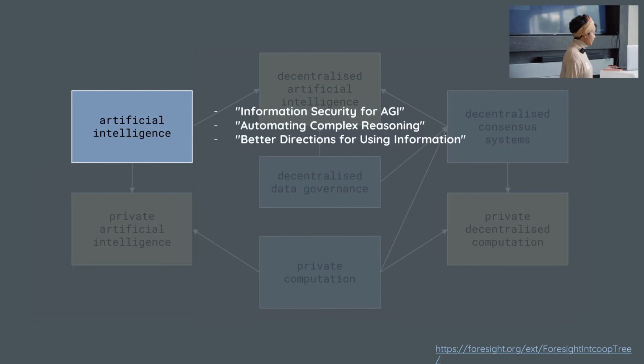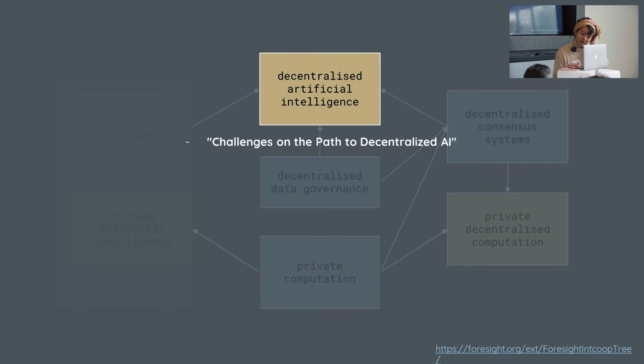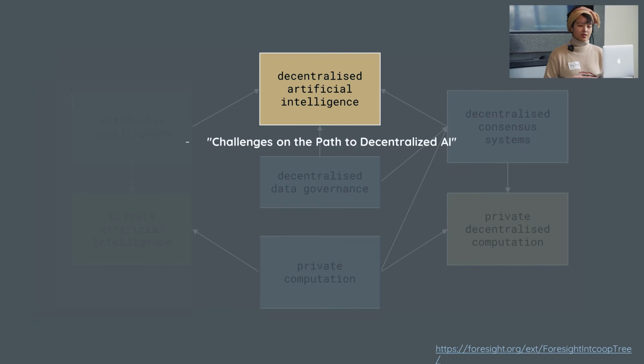Artificial intelligence is probably one of the most well-known, one of the oldest fields. We'll be seeing these talks today about artificial intelligence. And then artificial intelligence is a dependency for decentralized artificial intelligence, which is really more of a frontier technology.